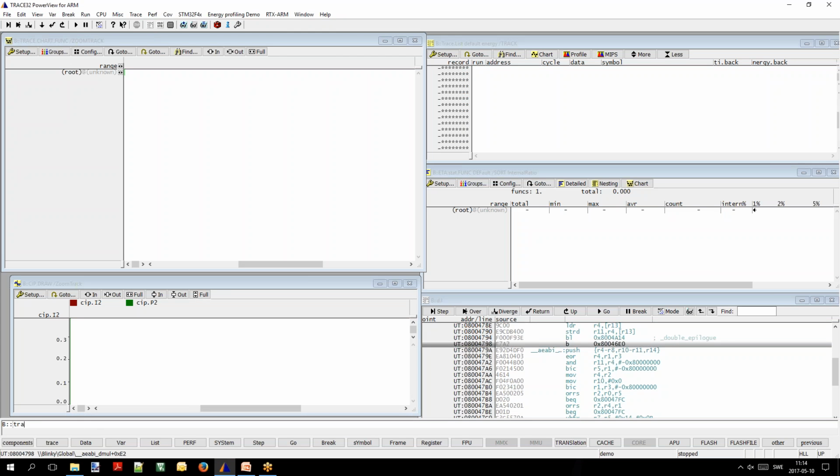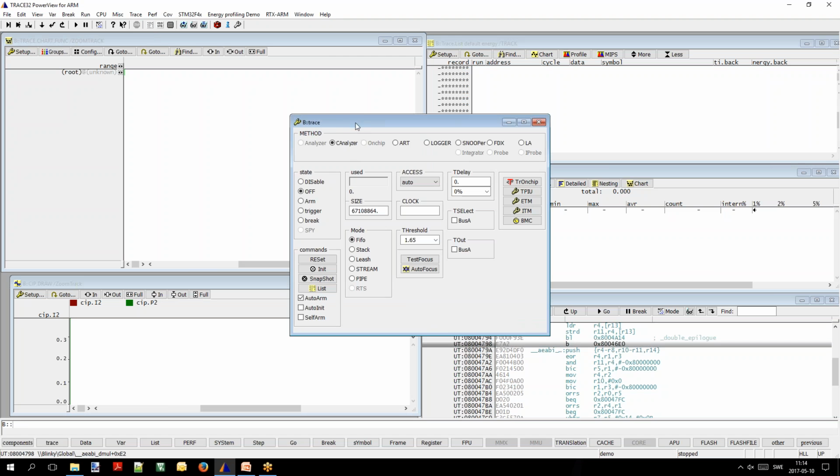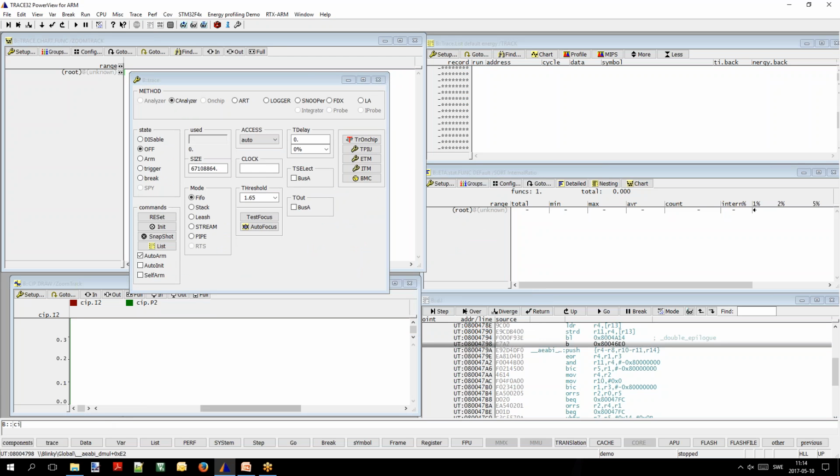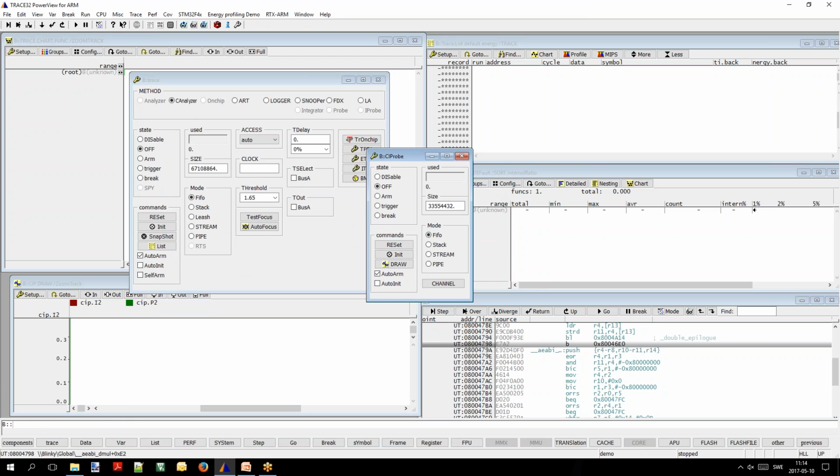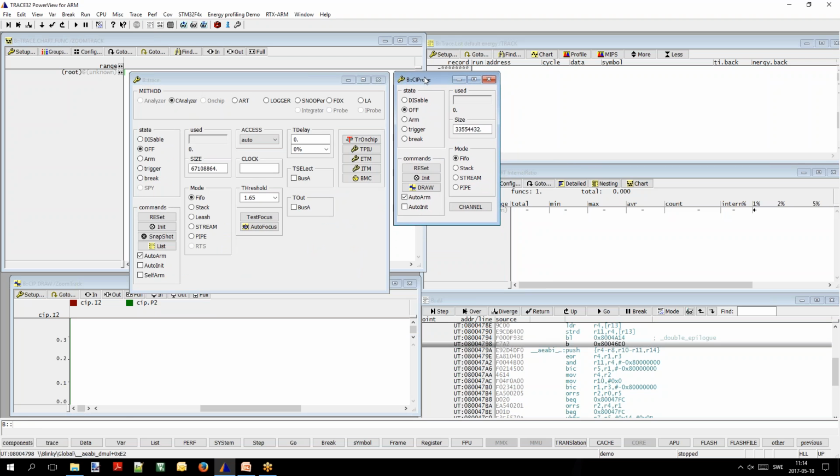So let's open the trace buffer, and let's open the analog probe buffer. I have set my trace to be collected in FIFO mode, and I have set my analog probe to be collected in FIFO mode. As you all know, FIFO is first in, first out. So when the buffer is full, the oldest record will be overwritten.